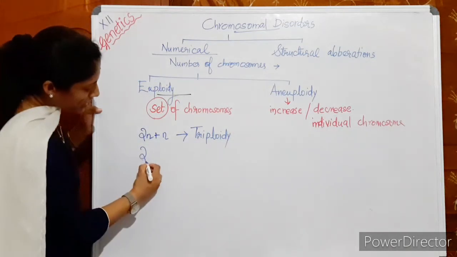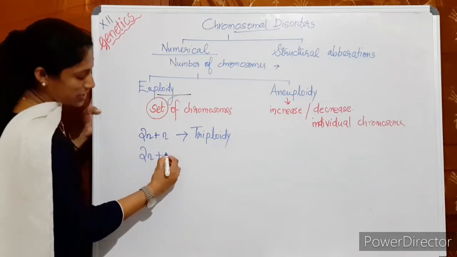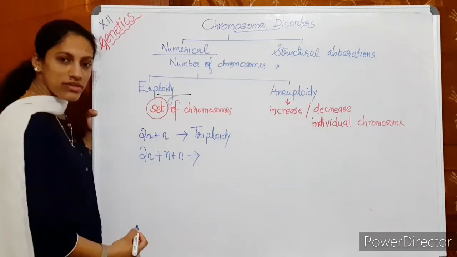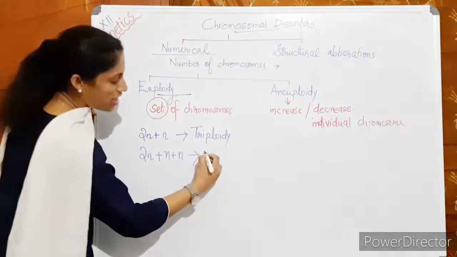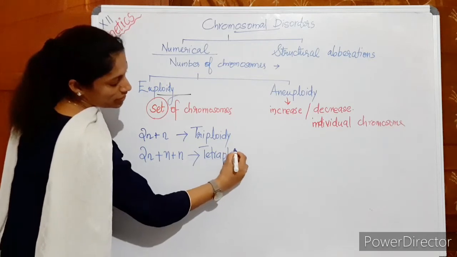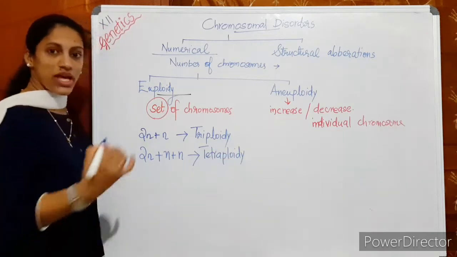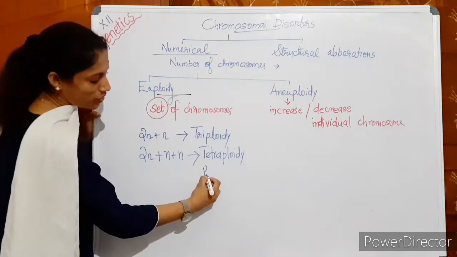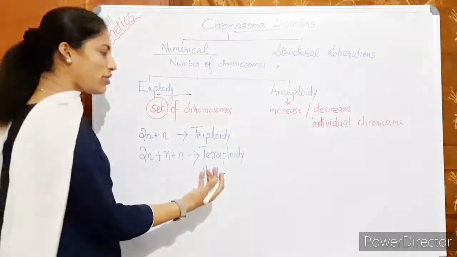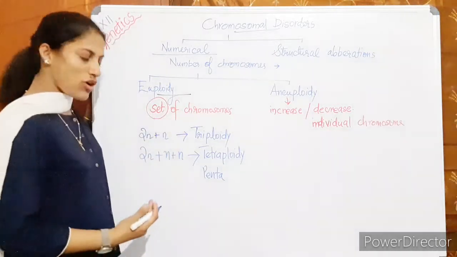Then, second case, if to the diploid set, two sets are added, the case is tetraploidy. If three sets of chromosomes are added, that is pentaploidy, then hexaploidy. Like in plants, these are common. Sugarcane and all. Polyploidy is common.